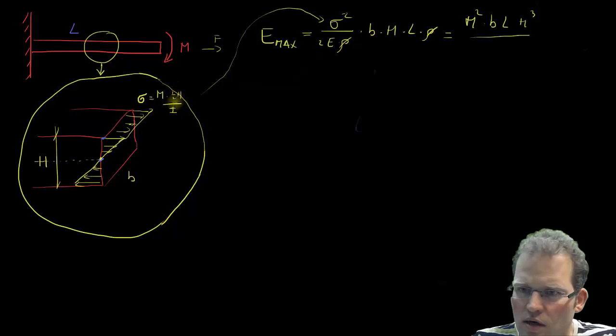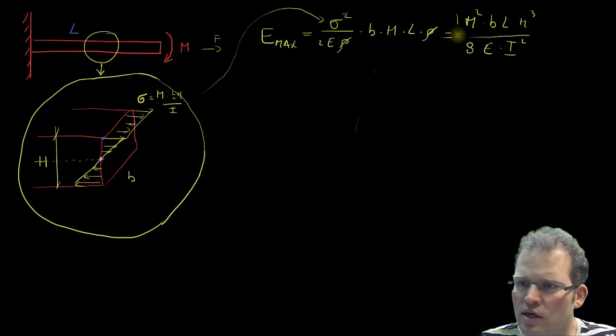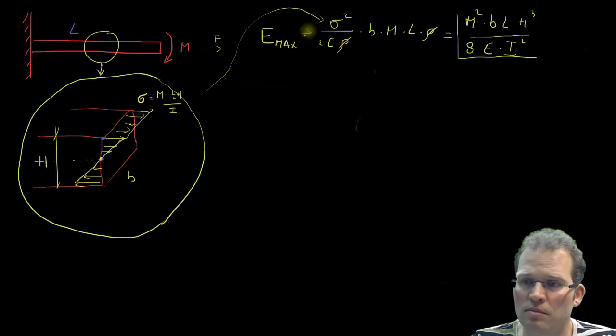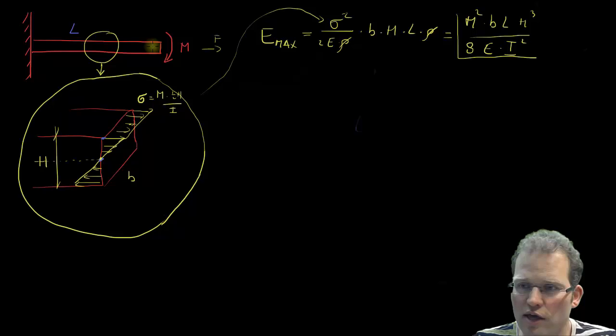Then we get a half, which will be squared, so it's a quarter, and here's a 2, so this will be a factor of 8, times Young's modulus and the moment of inertia squared, because the sigma was squared. So here we have the formula where we can calculate the maximum energy you could store in this bar with width B, height H, and length L.